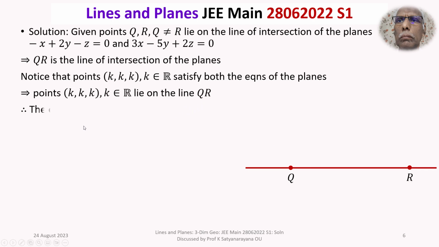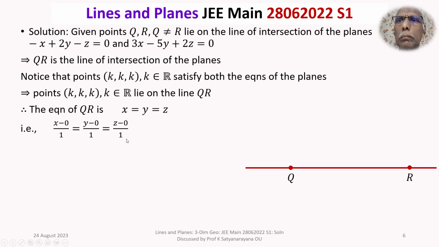So the equation of QR, the line of intersection of the planes, is X is equal to Y is equal to Z. That is, X minus 0 by 1 is equal to Y minus 0 by 1 is equal to Z minus 0 by 1.